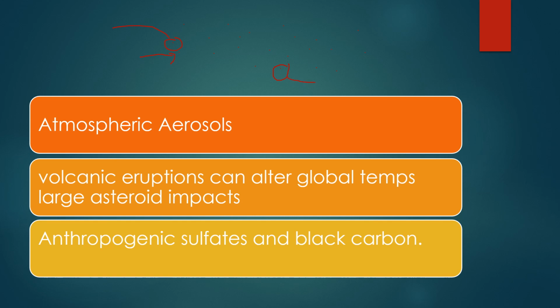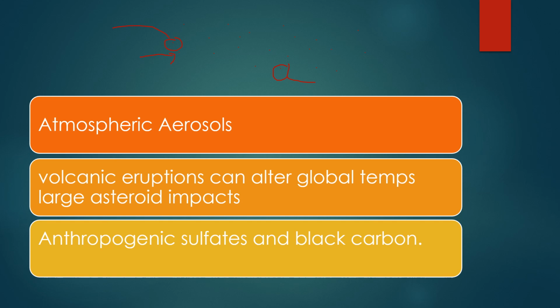So like volcanic eruptions, they can alter global temperatures because so much ash is emitted into the atmosphere. They will have kind of like this cooling effect. So there is evidence of a large volcanic eruption that cooled the earth. It kind of dimmed the planet. It's like a global dimming.